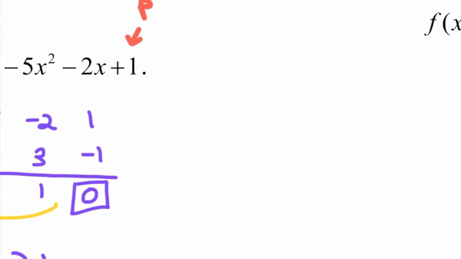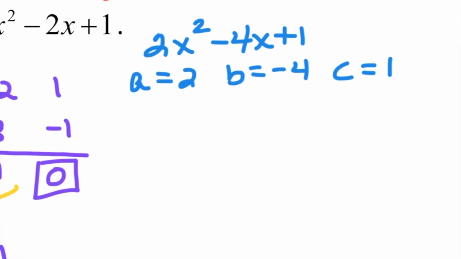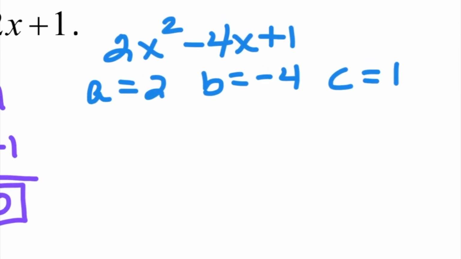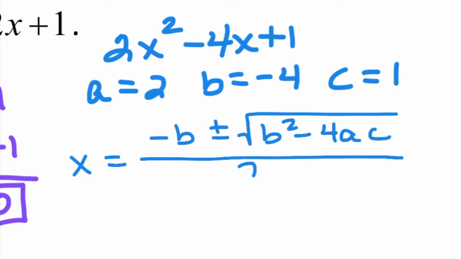Let's write that again: 2x squared minus 4x plus 1, a equals 2, b equals -4, c equals 1. The quadratic formula is -b plus or minus the square root of b squared minus 4ac all over 2a.